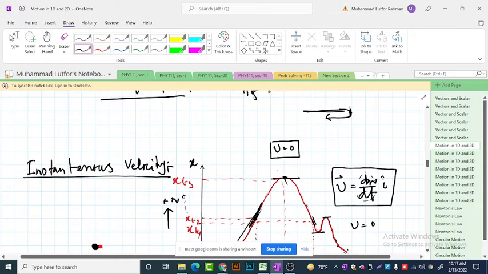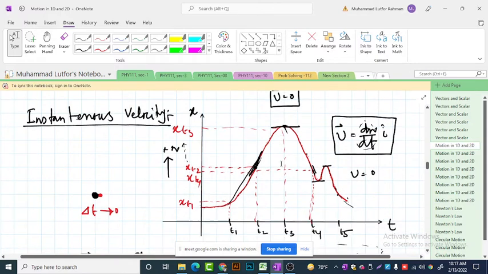That is the significance of the instantaneous velocity at that point. If the instantaneous velocity of a particle is 0, it is basically changing its direction at that point. That's why we say the car will be momentarily stopped at that point. This is the physical explanation.